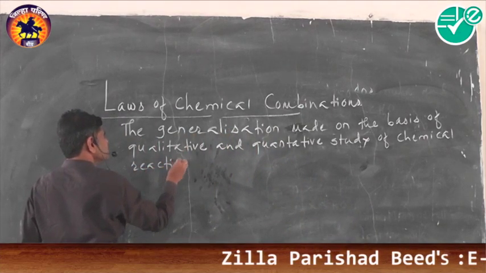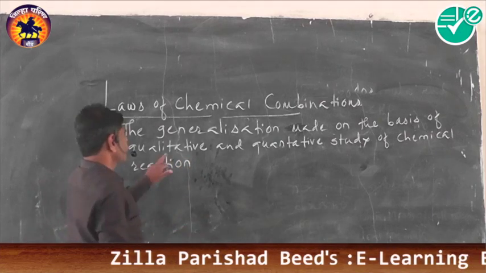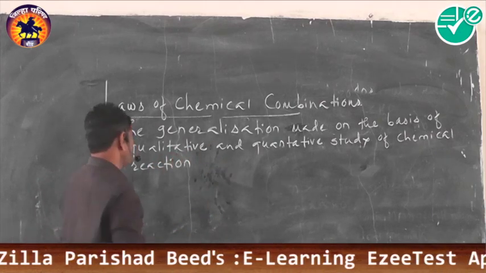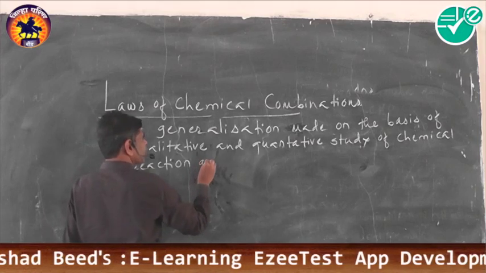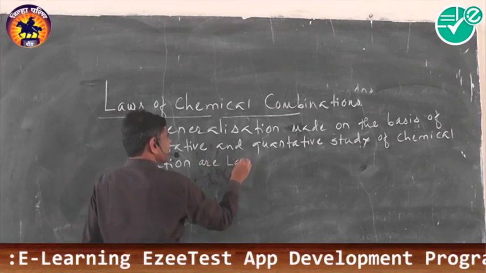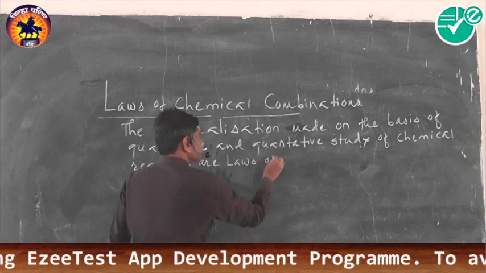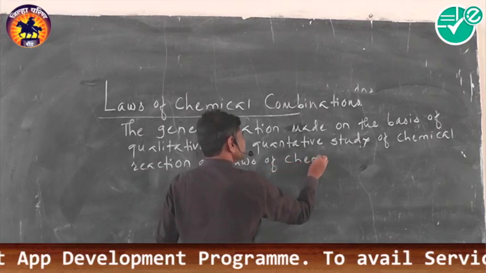So generalizations made on the basis of qualitative and quantitative study of chemical reaction are laws of chemical combinations.